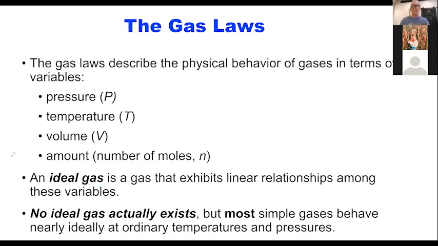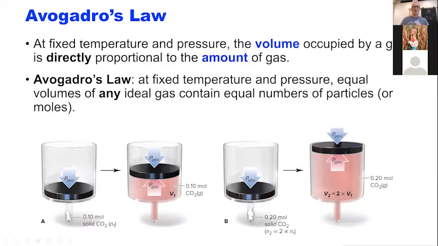The law that we're going to be dealing with is good old Avogadro's law. What we're going to do is measure the volume of a gas. Here, just basically a container that doesn't have any gas in it. Then we put gas into it, and the volume it takes up is directly proportional to the molar amount of gas.